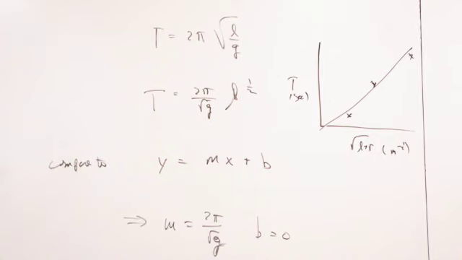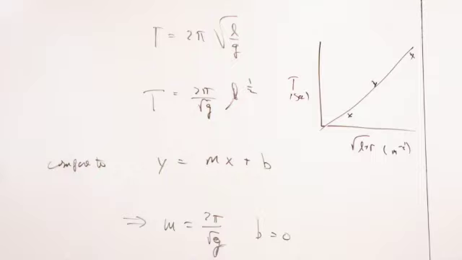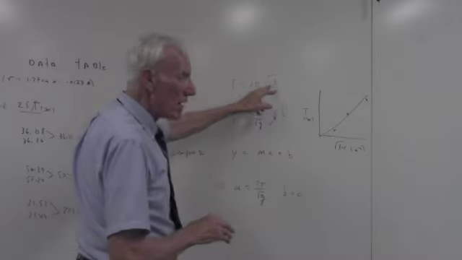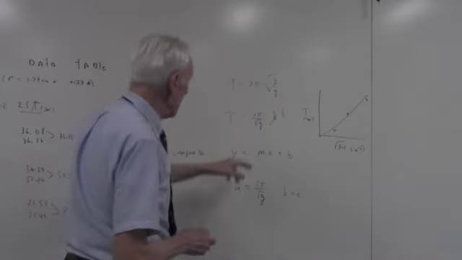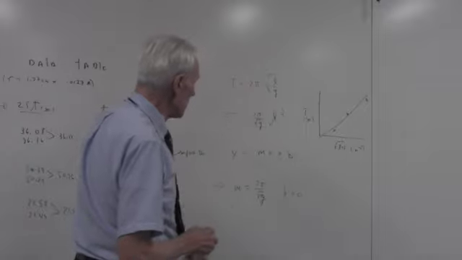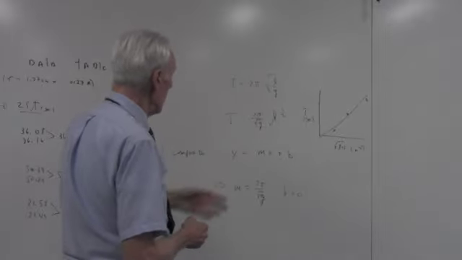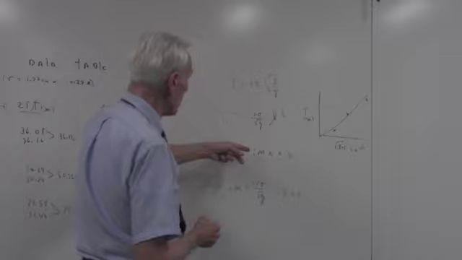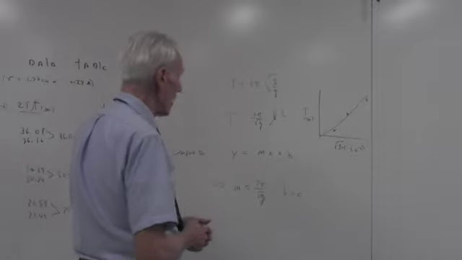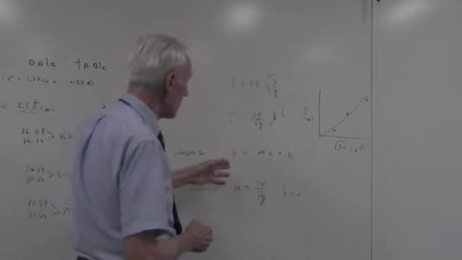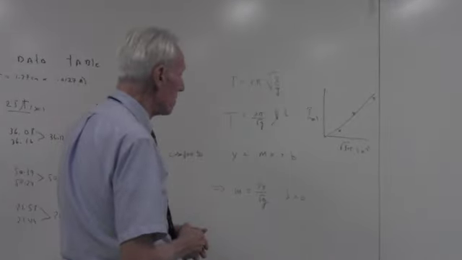So I should have written that square root of L plus R there, but you know what I mean. This is the ideal simple pendulum length. X is the square root of the ideal simple pendulum length, and m is the slope of this curve, and b is the y-intercept. And of course, a zero-length pendulum will have a zero intercept.